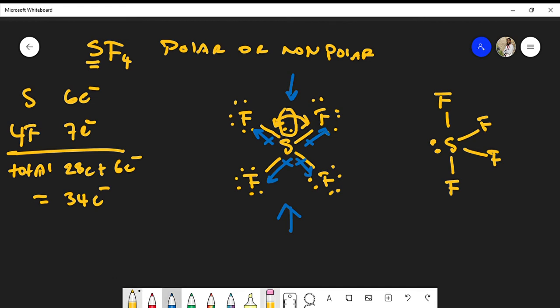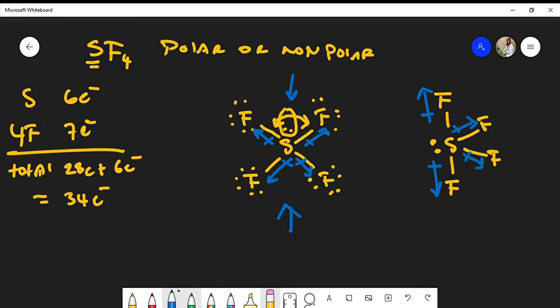If we actually then redo our dipole moments, what we do see is that the top and the bottom dipoles, as in my structure, cancel out. And we also have dipoles going from this sulfur to the fluorine, and this sulfur going to the fluorine.